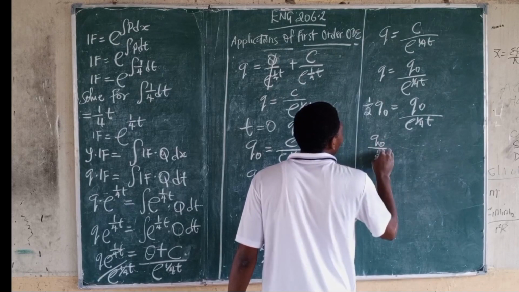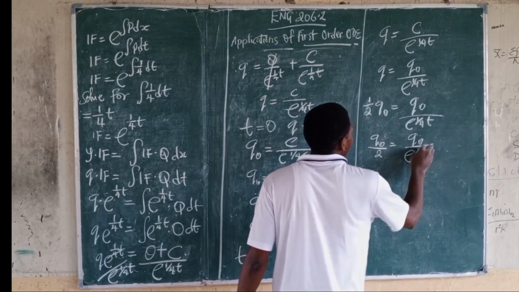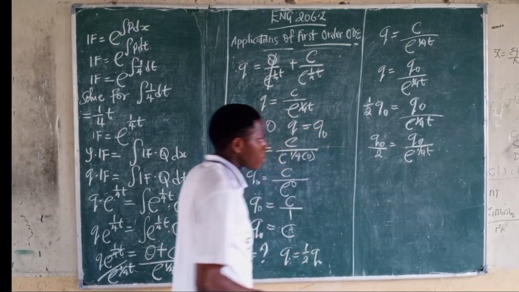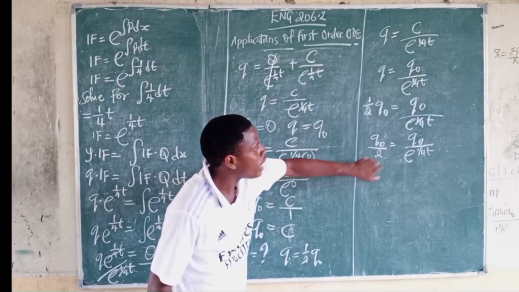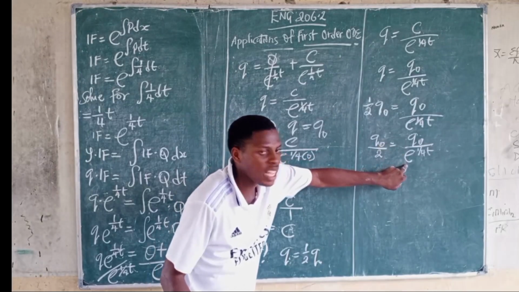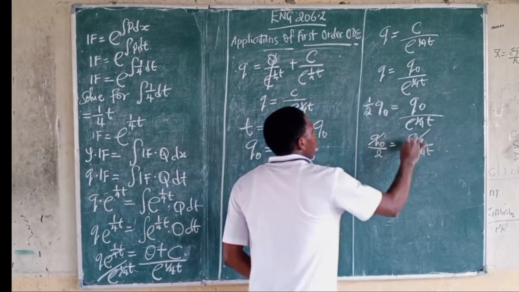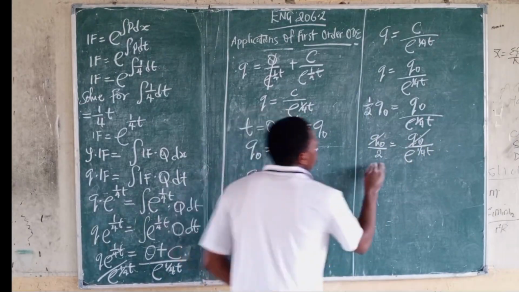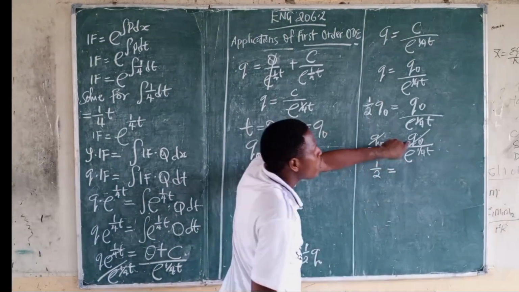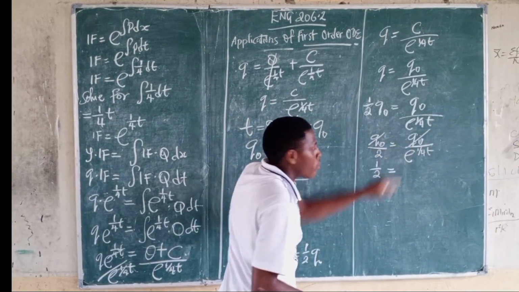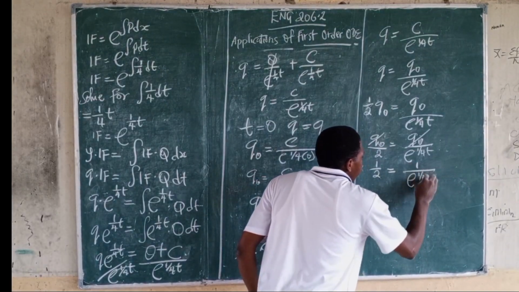Now from what we have here, we simply have this to be Q naught over 2, and this is equal to Q naught over exponential 1 over 4t. We are seeing Q naught over 2 here, and Q naught over exponential 1 over 4t. So we can simply remove this Q naught here and remove this. If we do that, we simply have 1 over 2 is equal to 1 over exponential 1 over 4t.